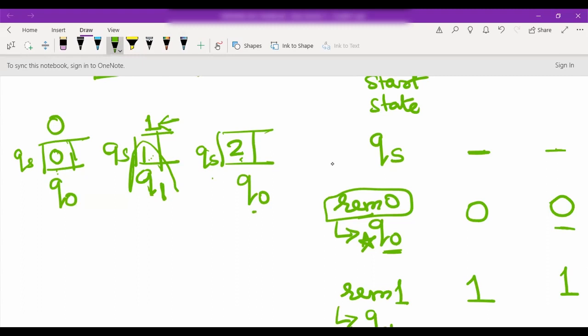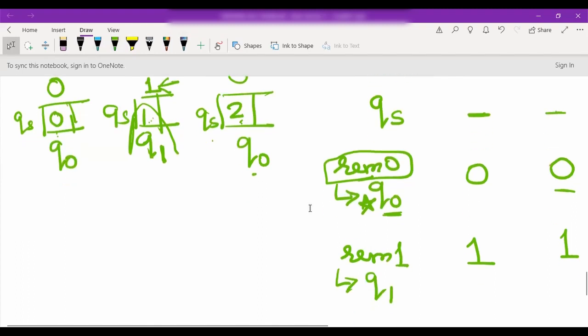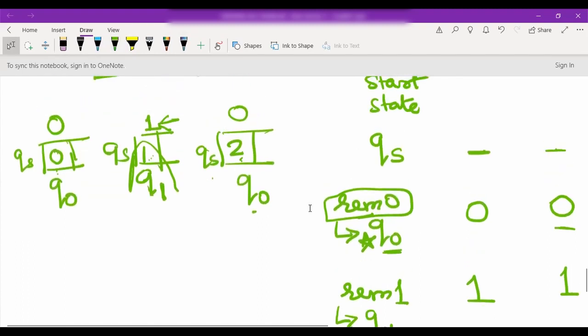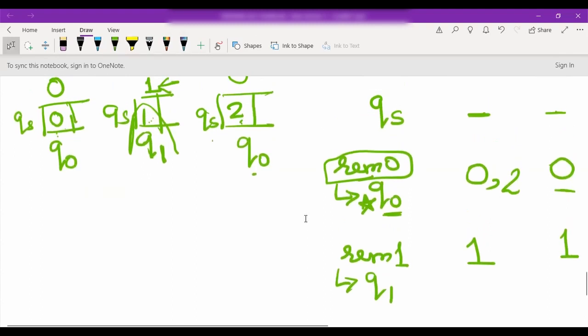The output is present here, so we'll write it here. So the Q0 state is representing strings which are accepted by your finite automata. Here Q0 is representing 0 and it is representing string 2 also. Okay, if you are having any difficulty, note that input string 0 is different from input string 2.